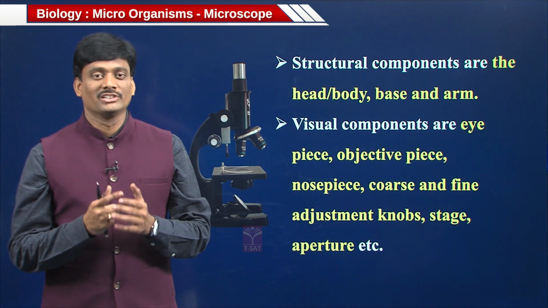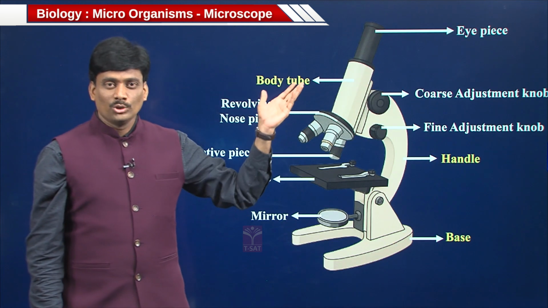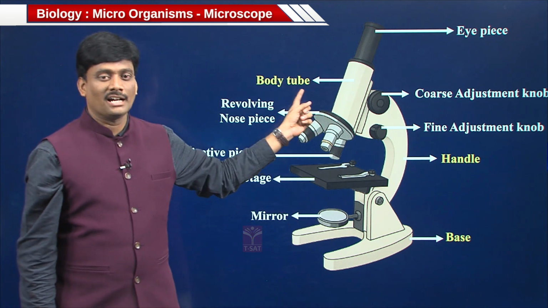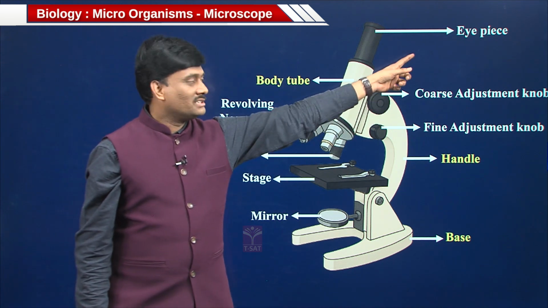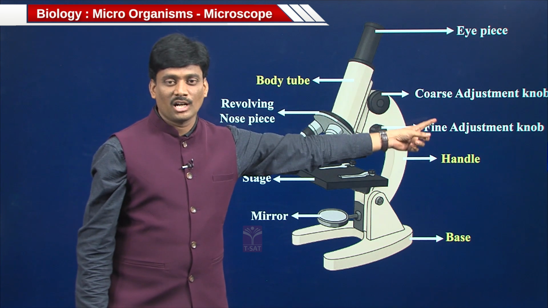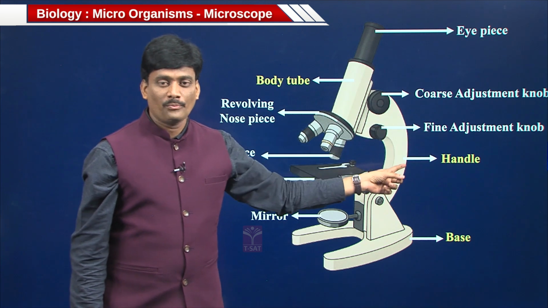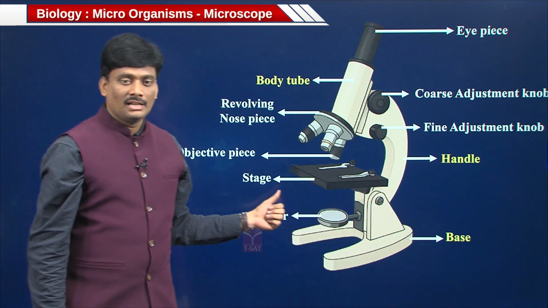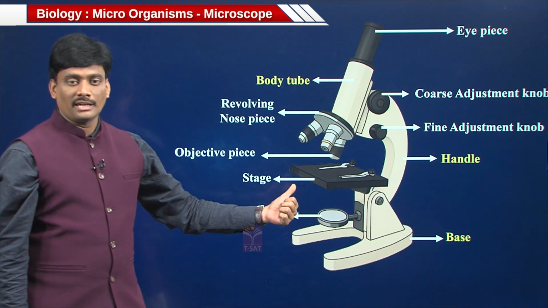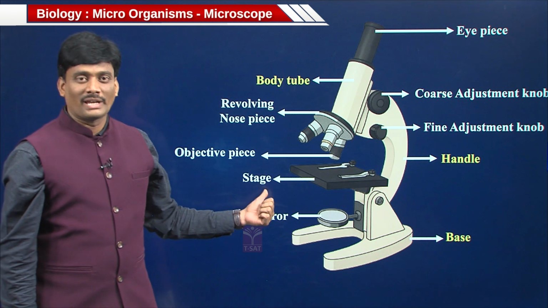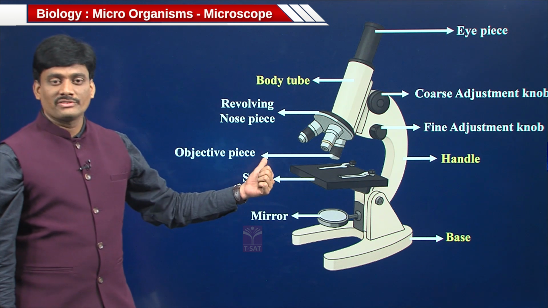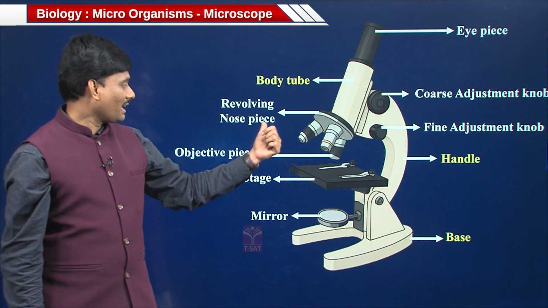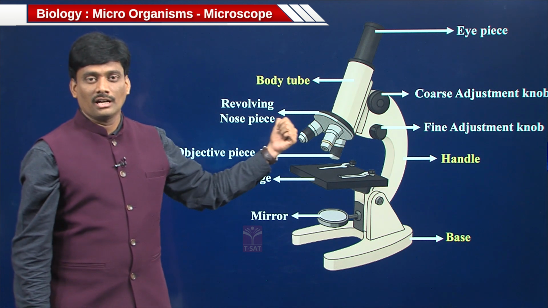The remaining structures like eyepiece, objective piece, nose piece, coarse adjustment knob, fine adjustment knob, stage, aperture, all these come under visual components. Students, now you can observe the parts which are present in a microscope. Here it is called the body tube, and this is the eyepiece, coarse adjustment knob, fine adjustment knob, and here this is the handle, and here you can see the base, and this is a mirror, and here we have the stage where we are going to place the glass slide, and next we have the objective piece, also called the objective lens, and next we have the revolving nose piece.